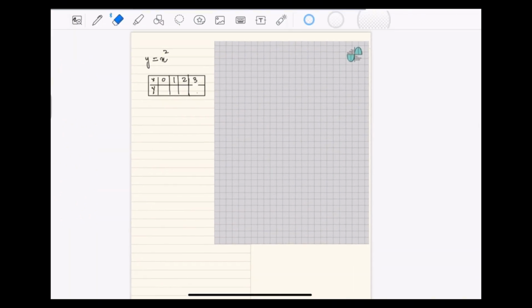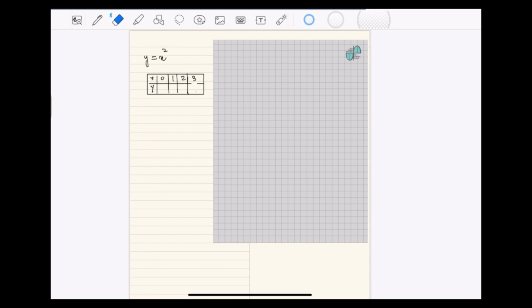If we plug these values into the equation, I'll get these values straight away: 0, 1, 4, 9.